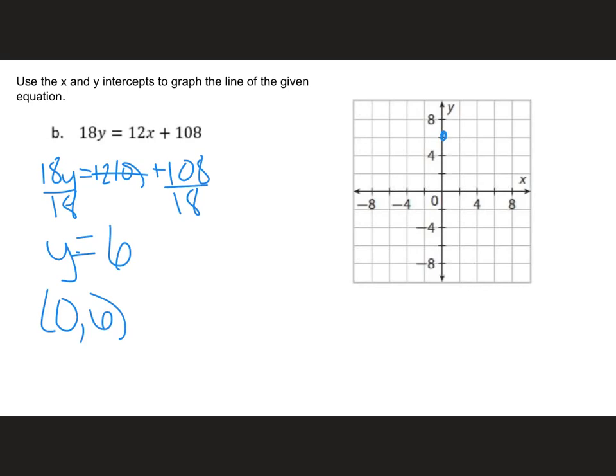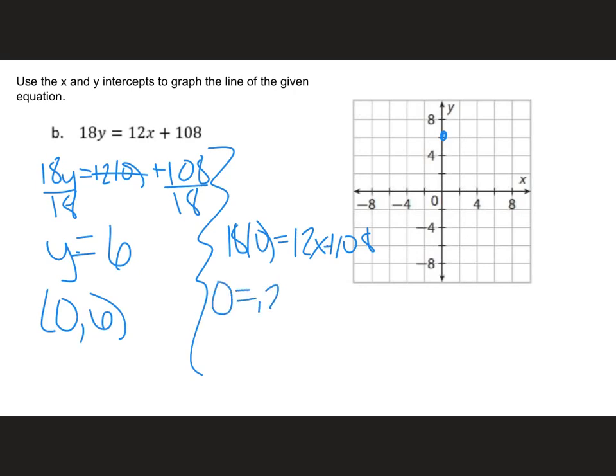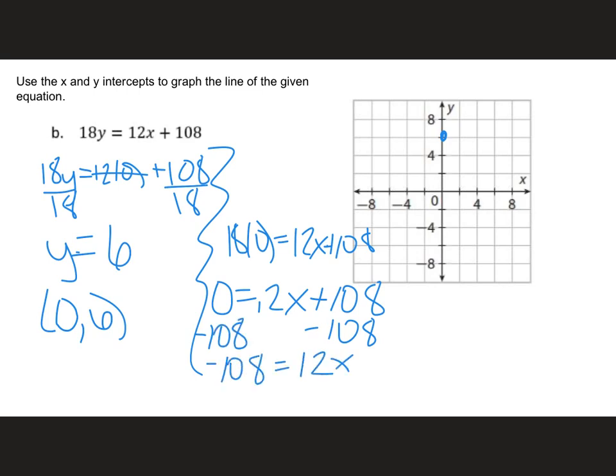For the x-intercept, we would say 18 times 0 is going to equal 12x + 108. So now we have 0 = 12x + 108. You either need to move the 12x or move the 108. This time I'm going to move the 108 since the x has a positive coefficient. We'll just leave it positive. It wouldn't matter. You're going to get the same value.